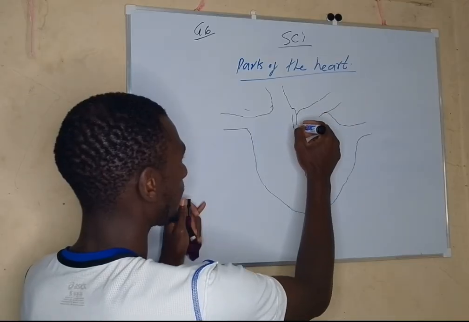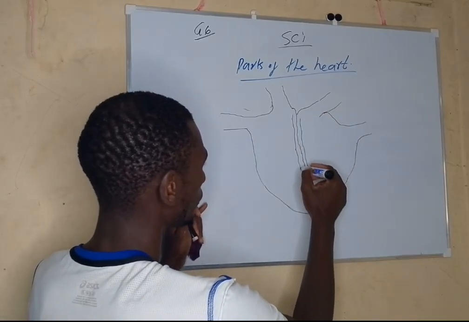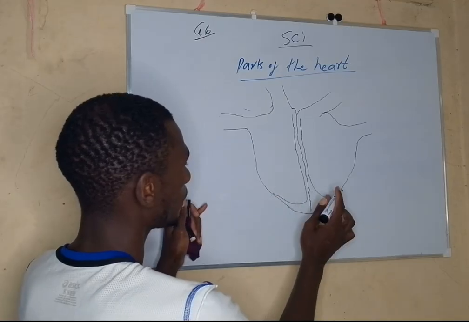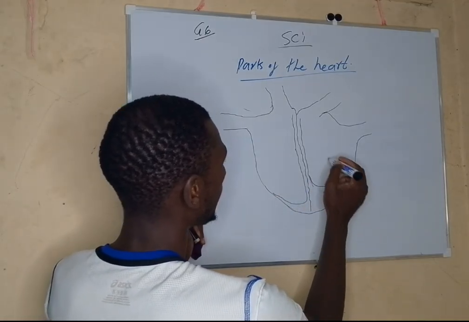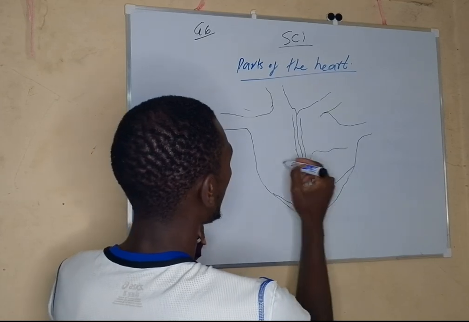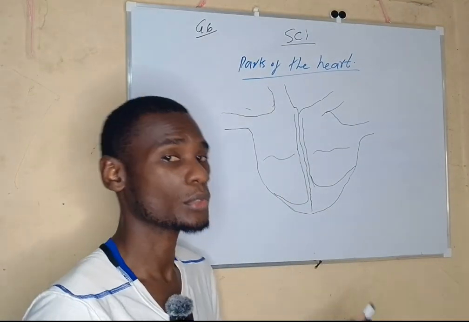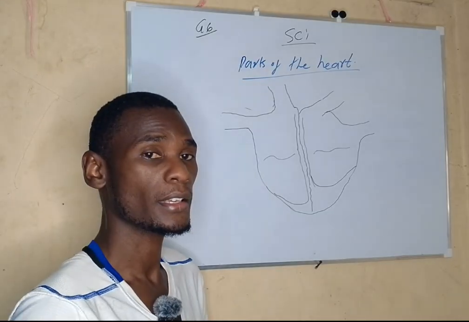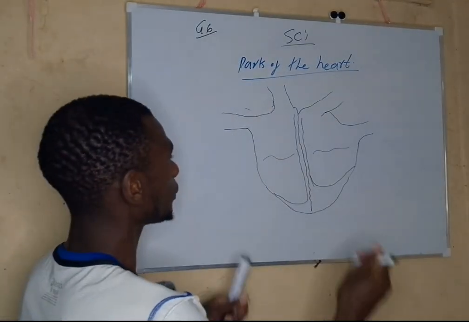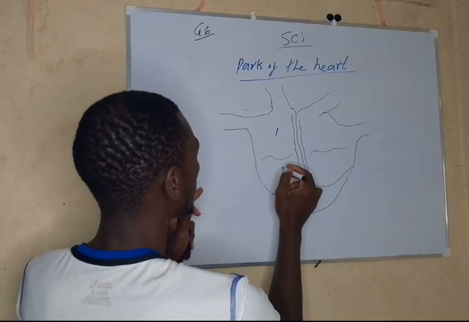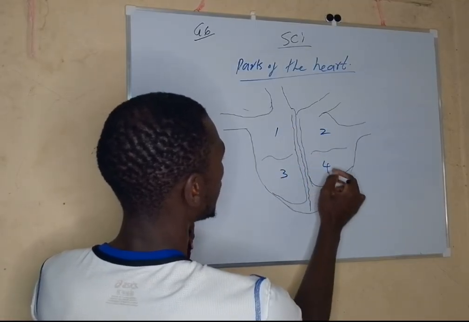So the heart is divided into two sides, then it is also divided into chambers. The chambers of the heart are 4. So we have the first chamber, the second chamber, the third chamber, and the fourth chamber.